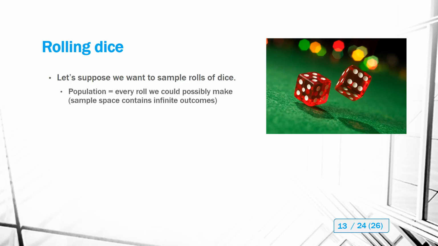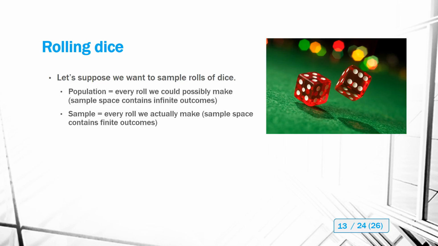If we wanted to look at the population for rolls of dice, we would have to look at every roll we could possibly make. So our sample space would contain an infinite number of outcomes. That's the population of dice rolls. We don't want to have to make every roll we could possibly make in order to get characteristics of the population. We want a sample of the population: every roll that we actually do make.